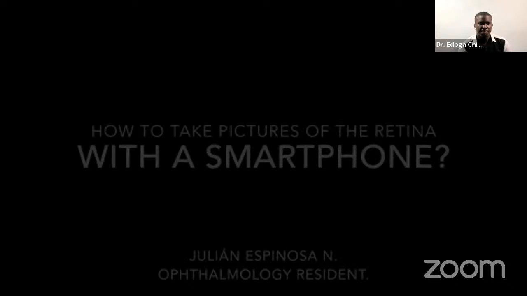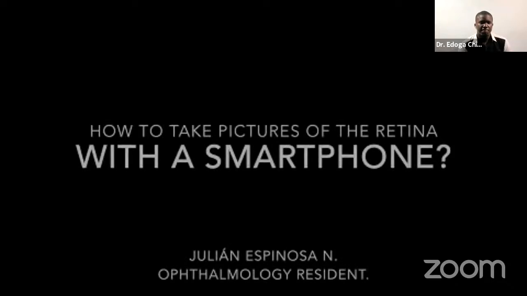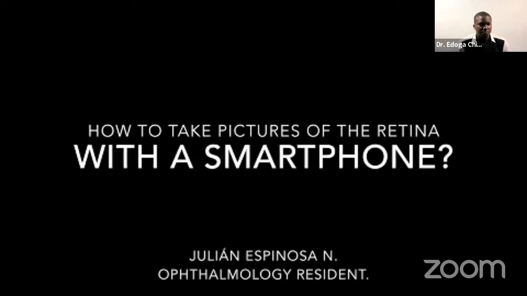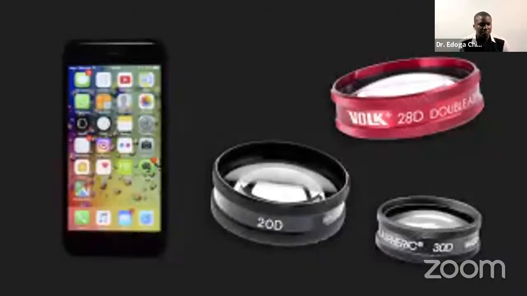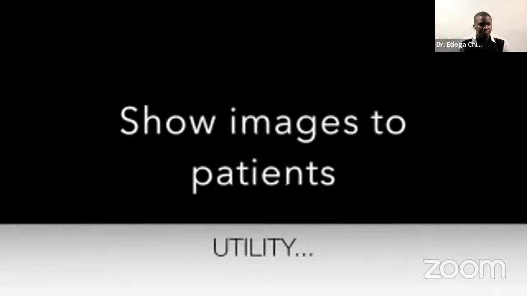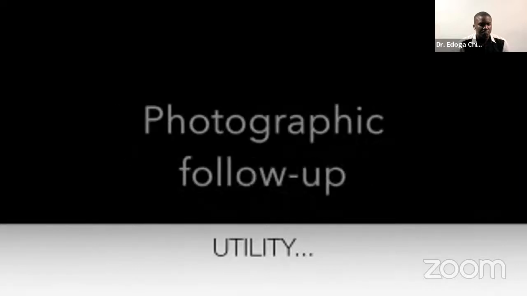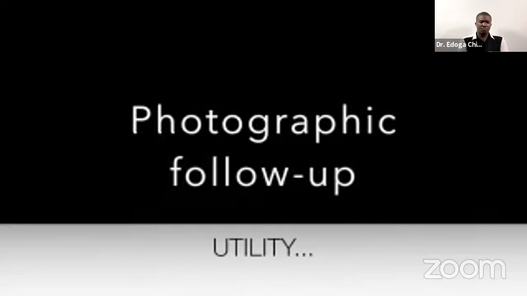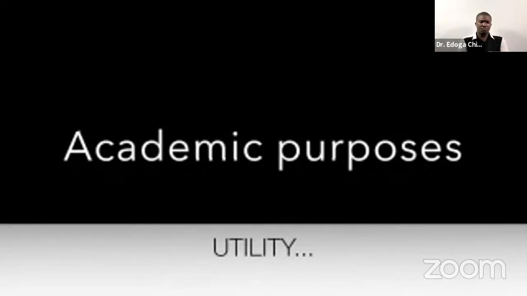This is a video tutorial on how to take pictures of the retina with a smartphone. All you need is a smartphone with a camera and a 20, 28 or 30 diopter lens for indirect ophthalmoscopy. It is very useful to have these images for telemedicine, to show the images to the patient, photographic follow-up of lesions, academic purposes, among others.